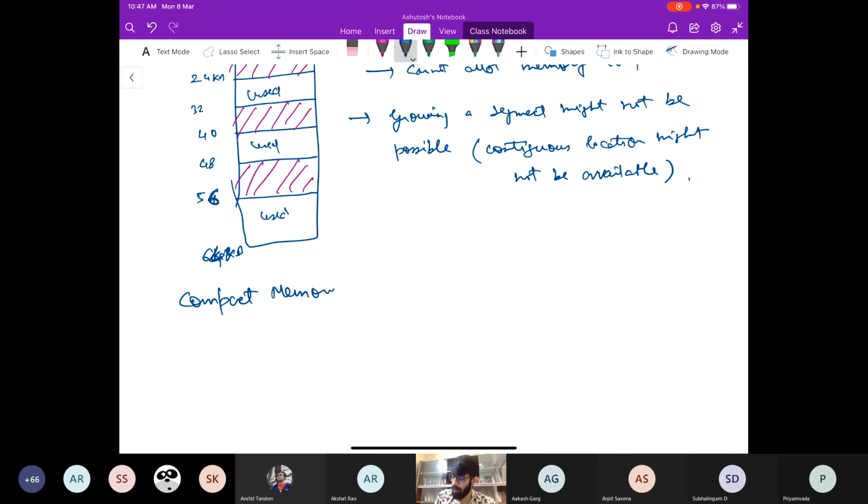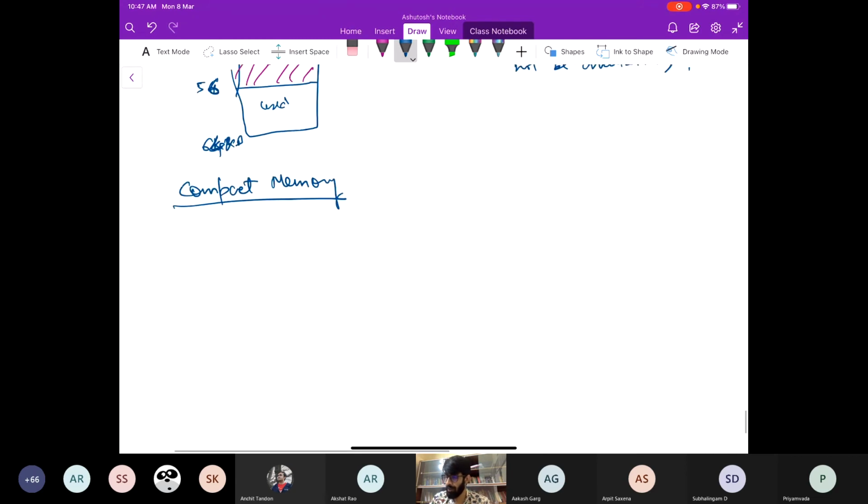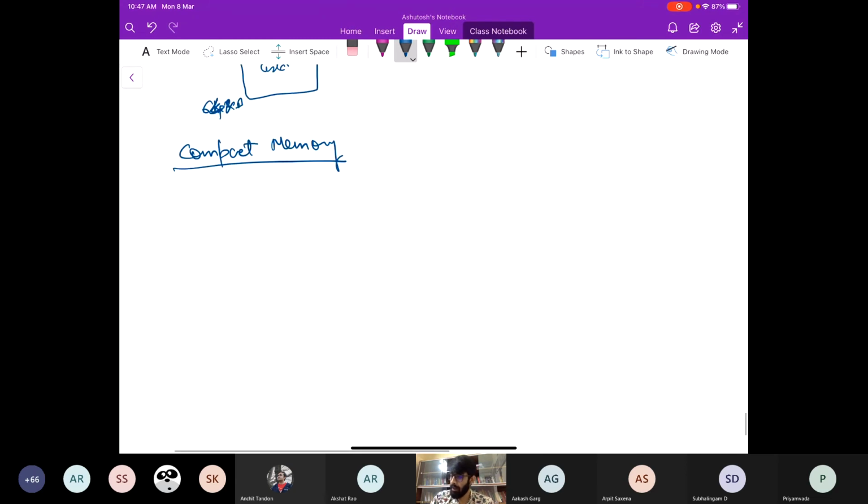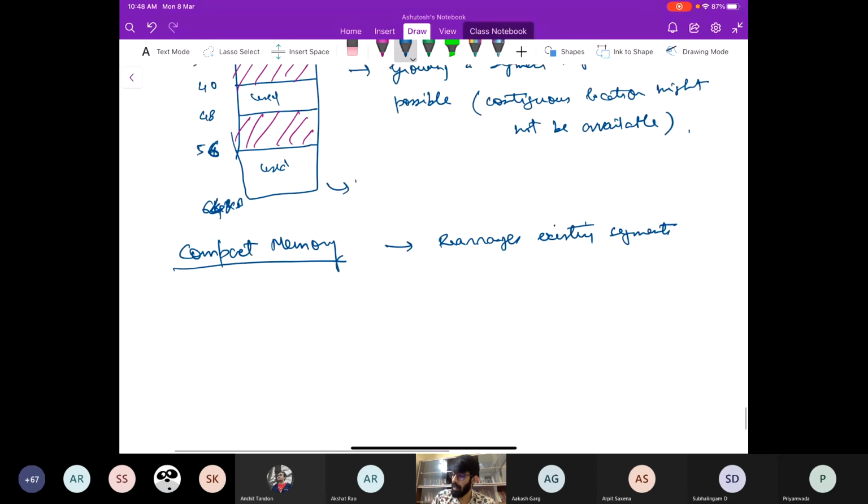I mean, it's not used now, but it is a concept. It was used at some point. What it does is rearrange existing segments. So this is like uncompacted. So how will it rearrange?